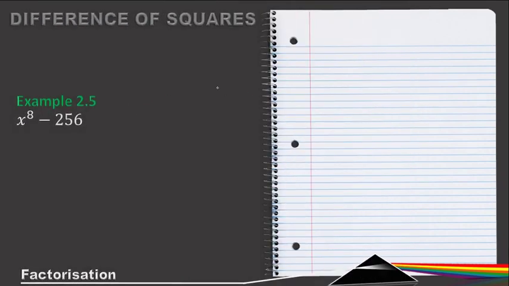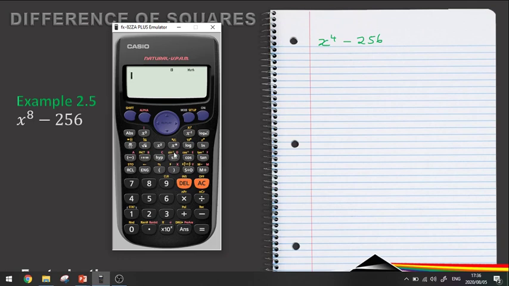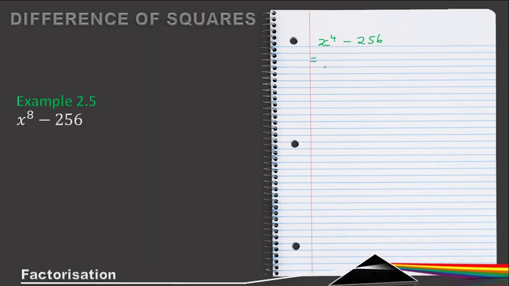Example 2.5. So here we have x to the power 4 minus 256. All right. The square root of 256 is 16. So if we write that down, we've got our two brackets, and then we have, okay, this was x to the power 8, right?